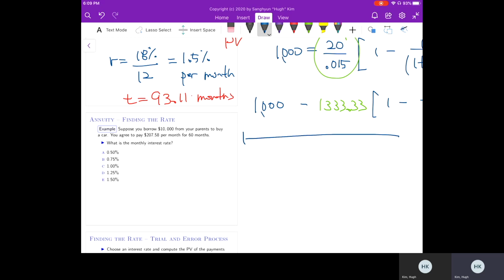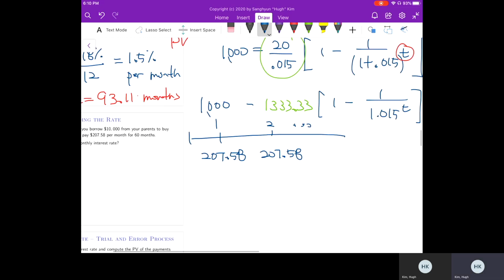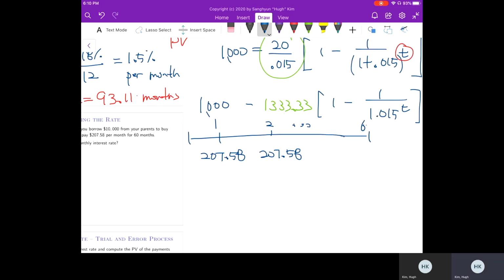Okay, let's draw a timeline first. So you make monthly payments of $207.58 every month all the way to 60 months.